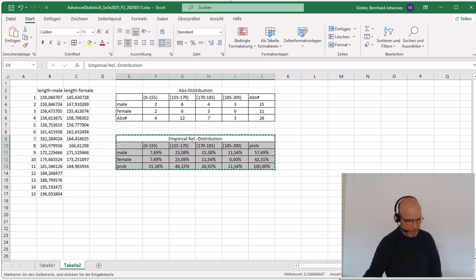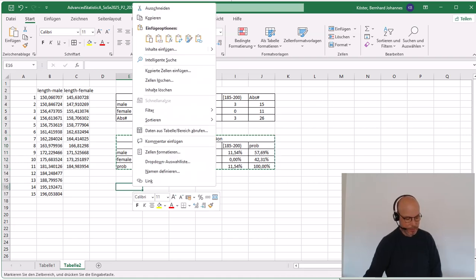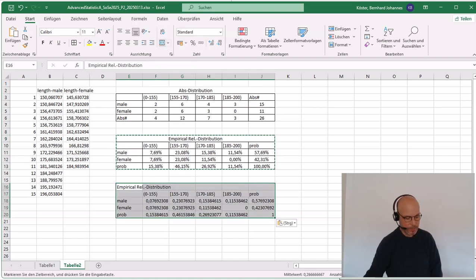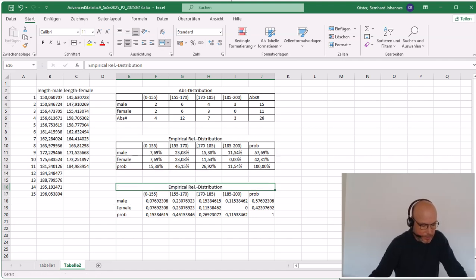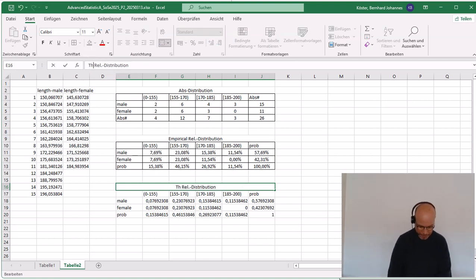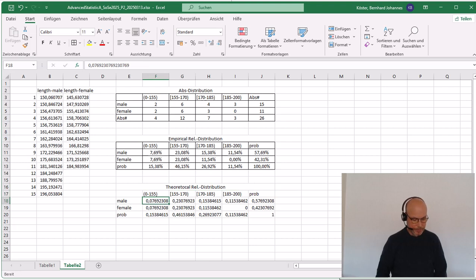And the last one is that we calculate the so-called theoretical relative distribution.